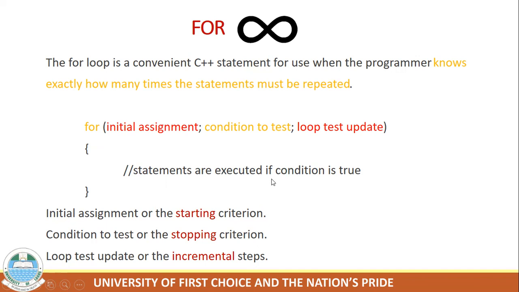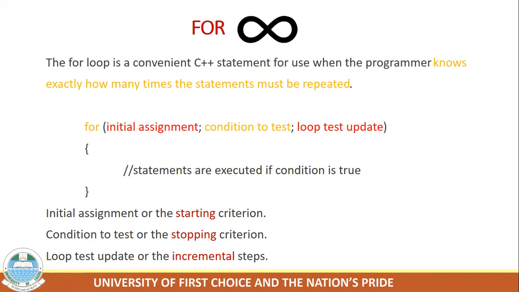Then the statement to be executed, if the condition is true, is placed in what? In braces. So the initial assignment, or what we call the starting criterion, we have the condition to test, or what we call the stopping criterion, because you want to loop.